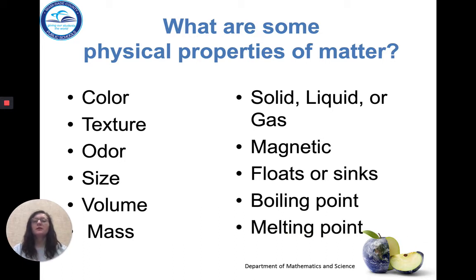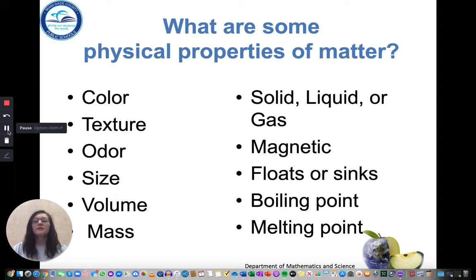And then also the melting point. So for the boiling point, it goes from a liquid to a gas, and then with the melting point, that is the temperature at which a solid will melt.